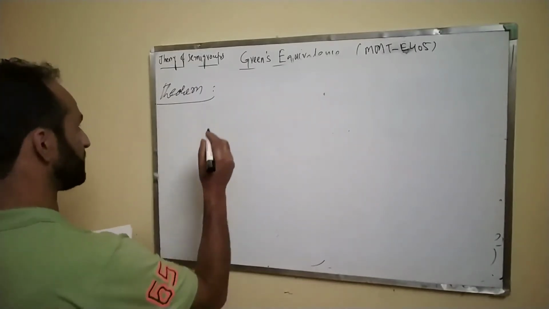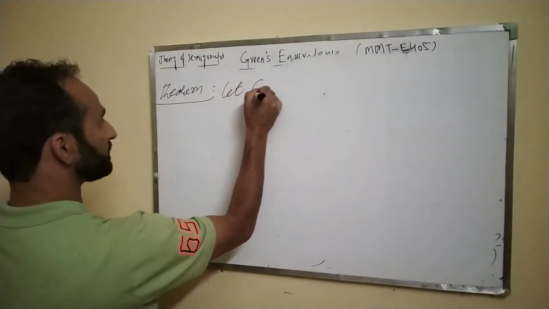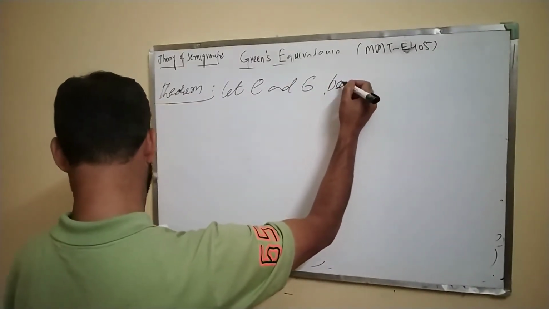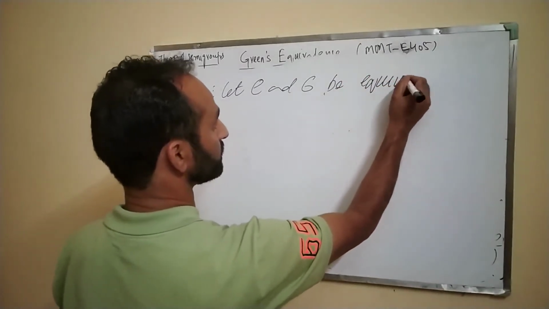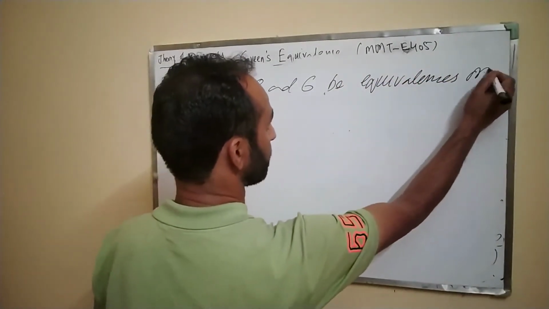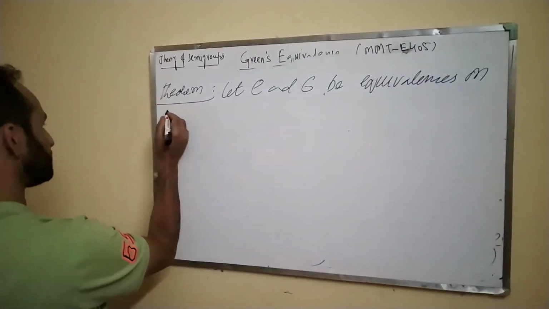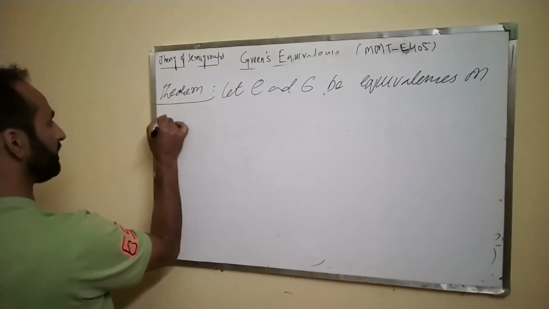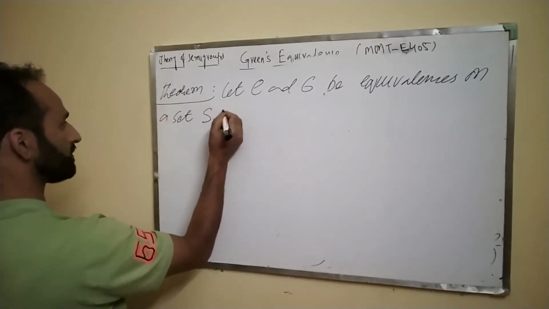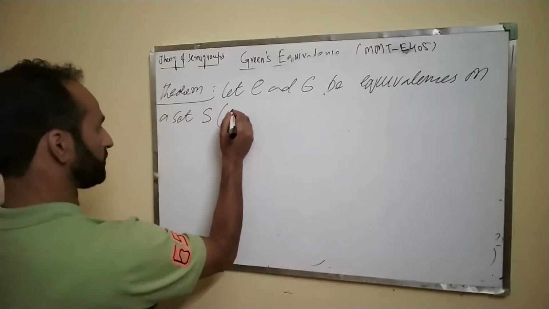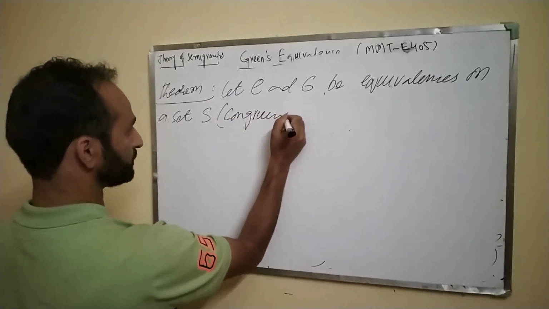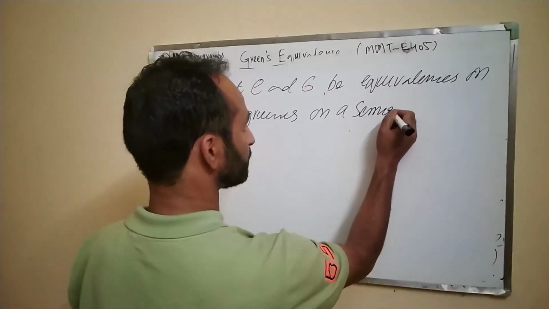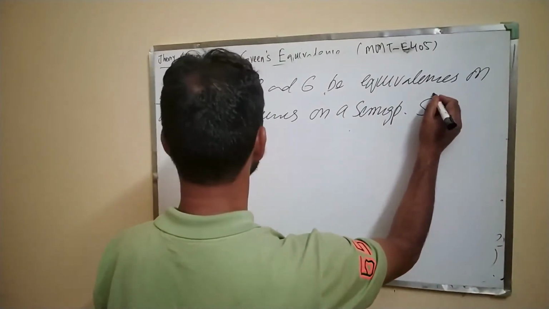Let rho and sigma be equivalences on a set S, not necessarily a semigroup, or in case of congruences, they are congruences on a semigroup S.